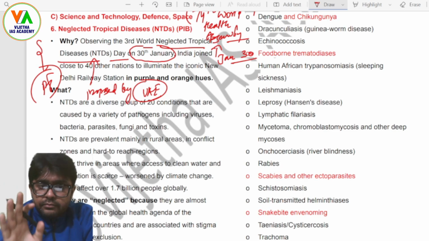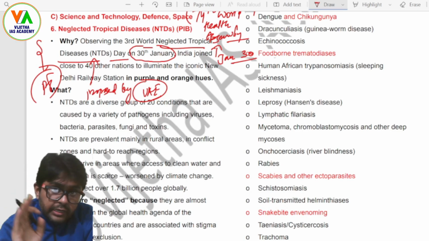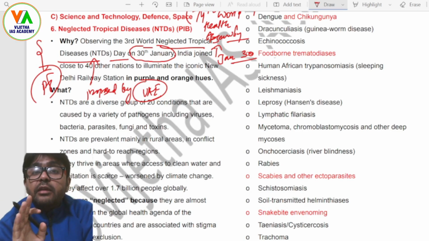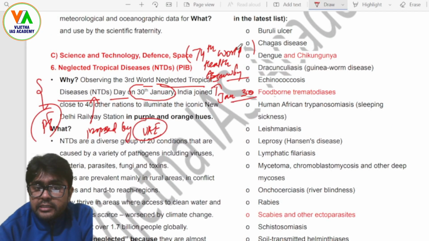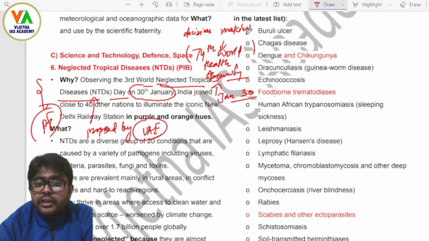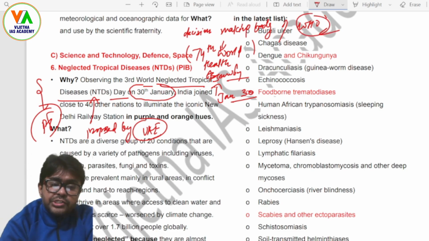And the World Health Assembly is the decision making body of WHO. This is important, right? So these are the prelims focused points generally.